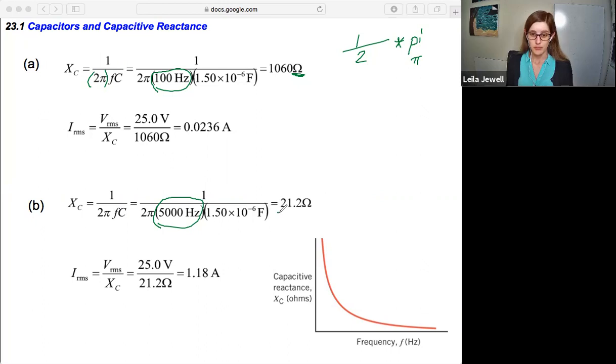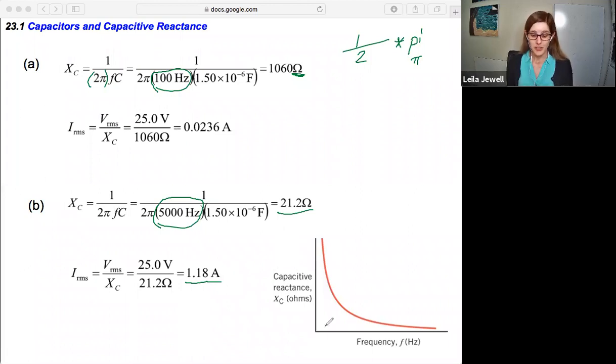And as a result, our capacitive reactance is a factor of 50 smaller. Instead of being 1,060, it's 21.2 ohms. When we then plug that in to our current equation, we find that our current is now much larger, 1.18 amps. It's 50 times bigger.